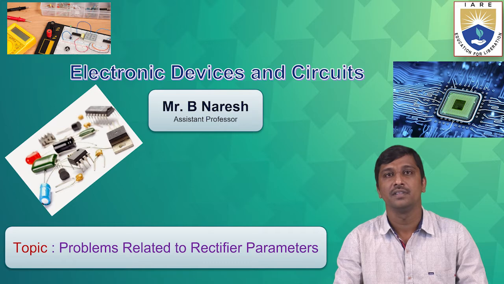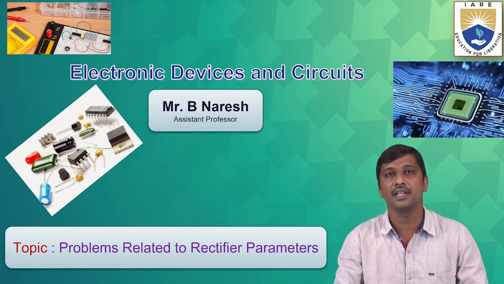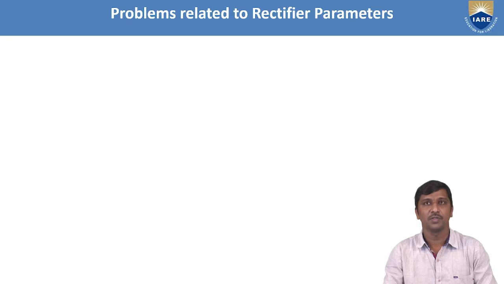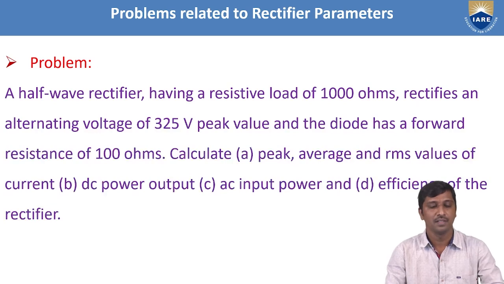We'll see problems on all these rectifiers, and we need to determine some parameters like DC output voltage, DC output current, ripple factor, and efficiency with respect to the given rectifier. So first we'll see one problem.